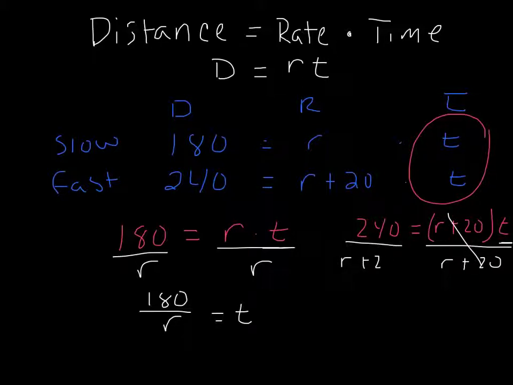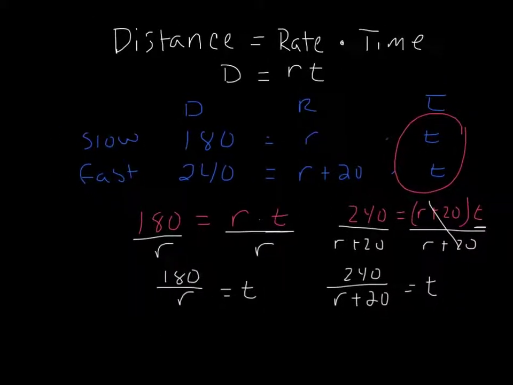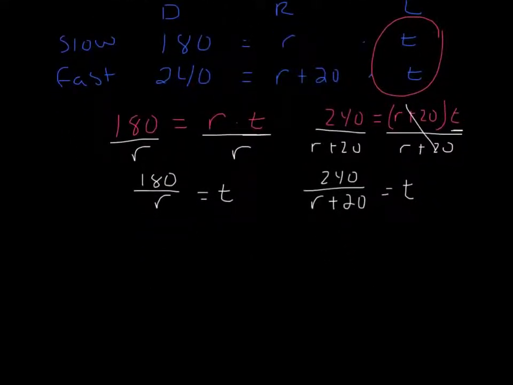You're left with 240 over R plus 20 equals T. Let me move it up a little bit. Now we know that 180 over R is equal to T, and 240 over R plus 20 is equal to T. If both of those are equal to T, then they must be equal to each other. So we're going to write it like this.